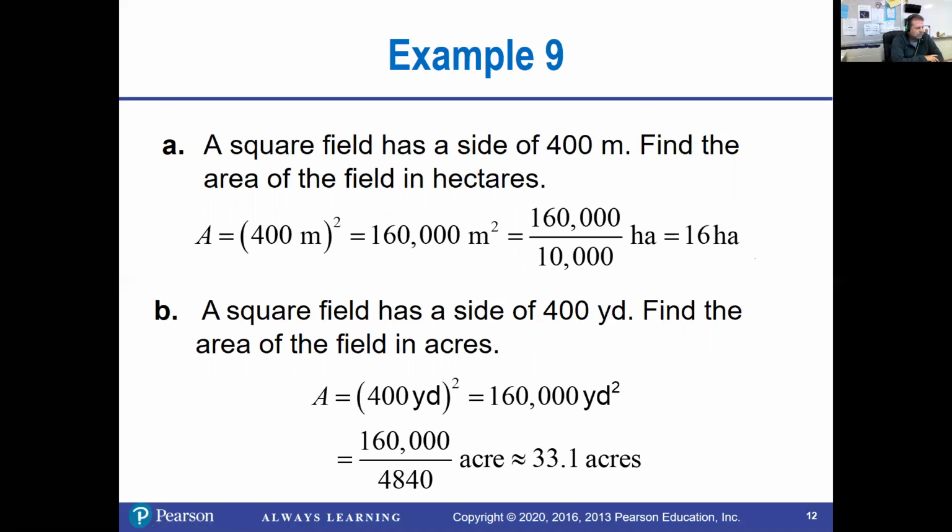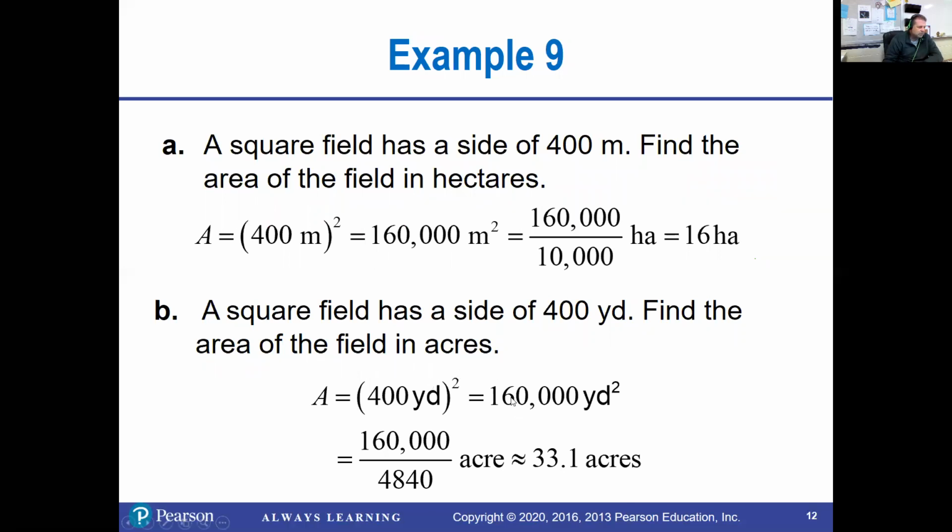A square field, the side of 400 meters by 400 meters is going to be 160,000 square meters. And there's 10,000 square meters in a hectare, so that'd be 16 hectares.